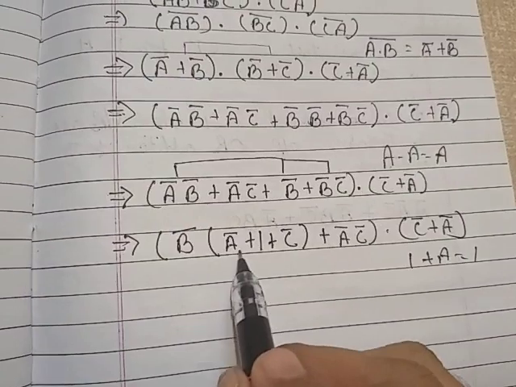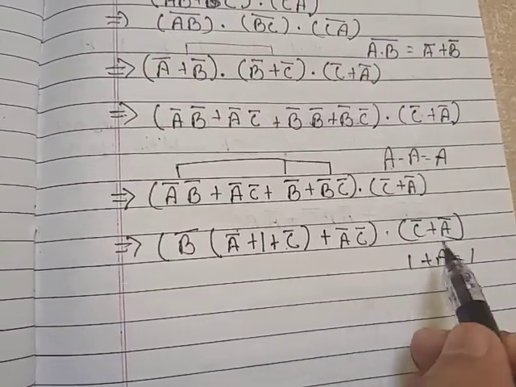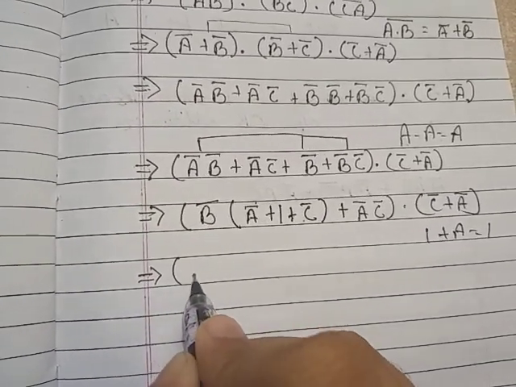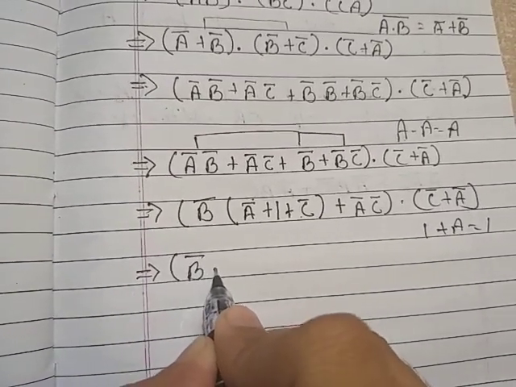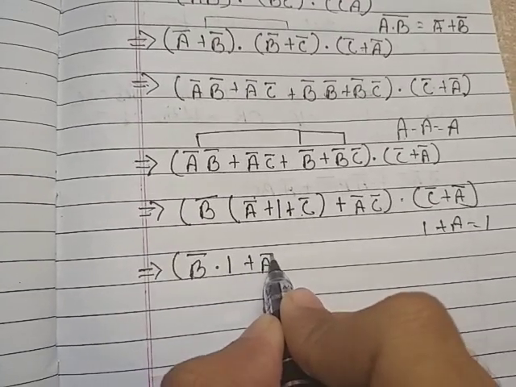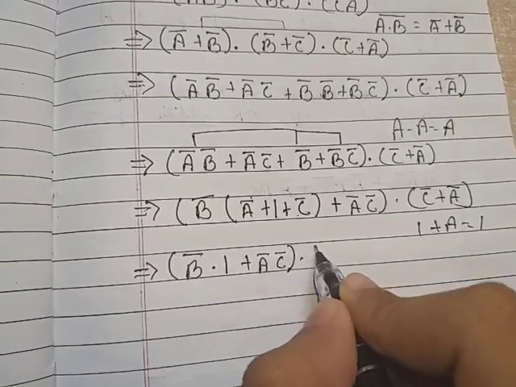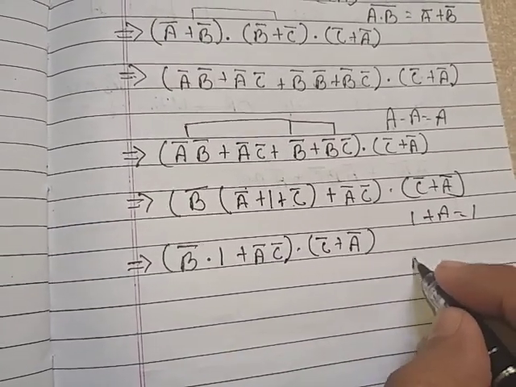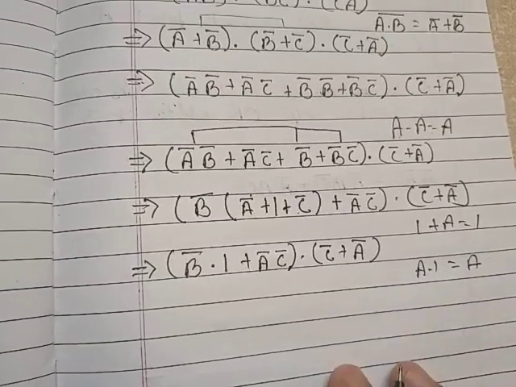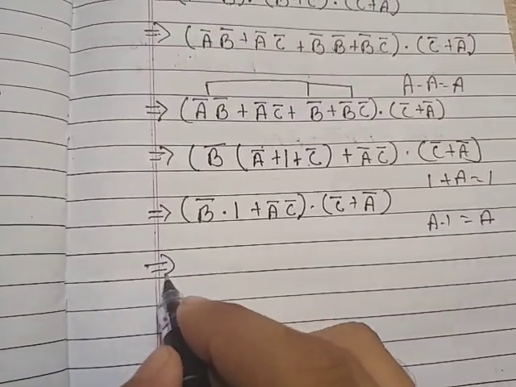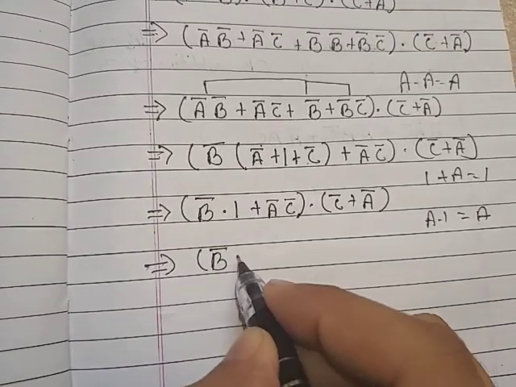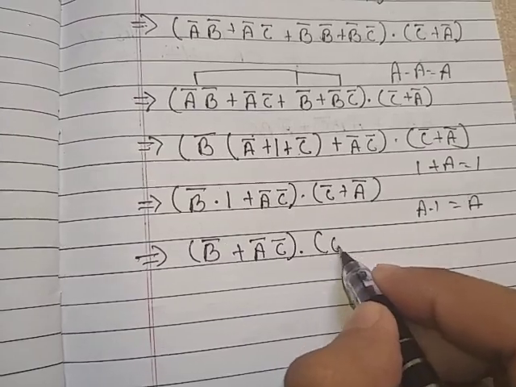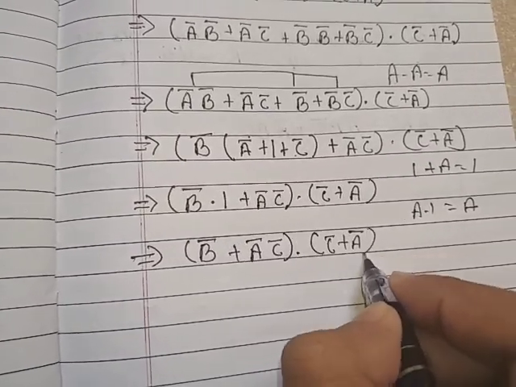So 1 plus A bar plus C bar will become 1. So what is the remaining portion? B bar dot 1 plus A bar C bar dot C bar plus A bar. As we know that A dot 1 is equal to A, so we have B bar plus A bar C bar dot C bar plus A bar.